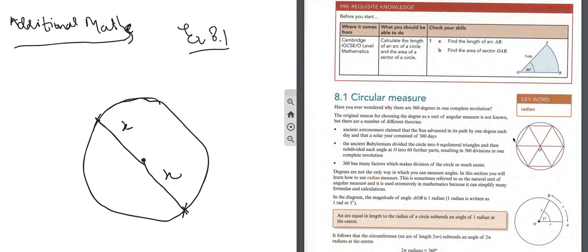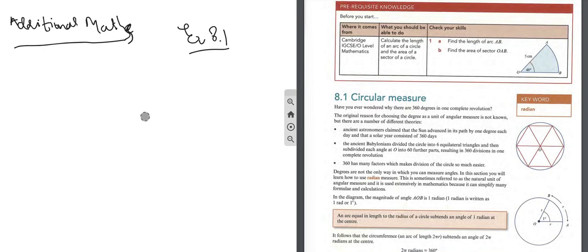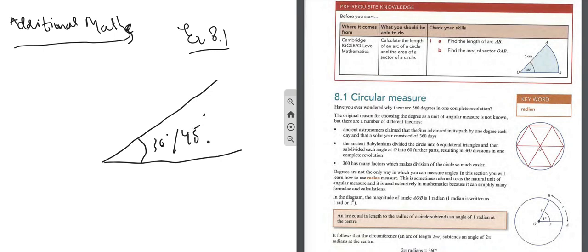One more fact is that degrees are not the only measure of angle. There are also other units. Let's say you have this angle. Mostly we use a protractor to find the angle, and we mostly know that this might be 30 degrees or 45 degrees. But did you know we also have a unit called the radian?